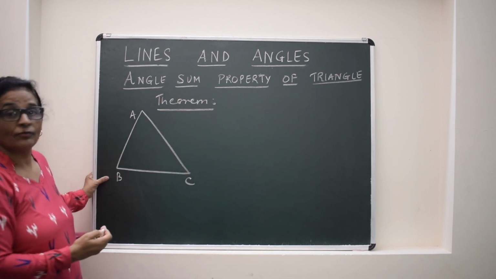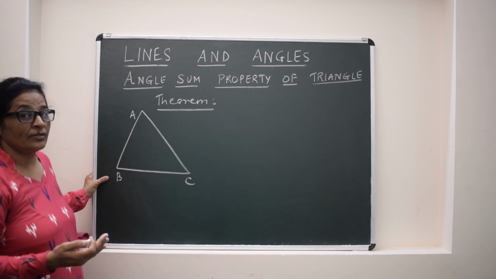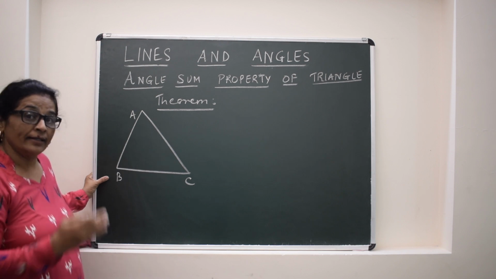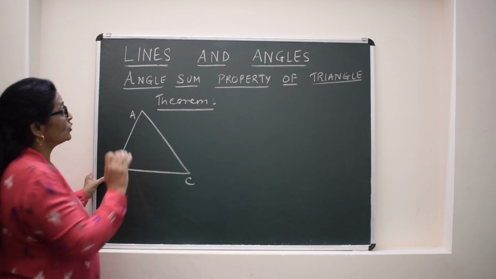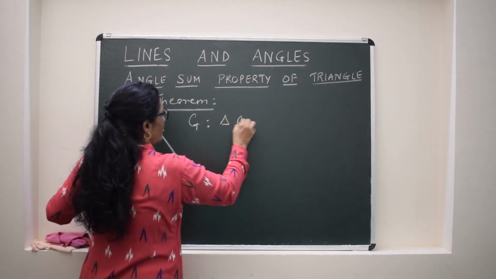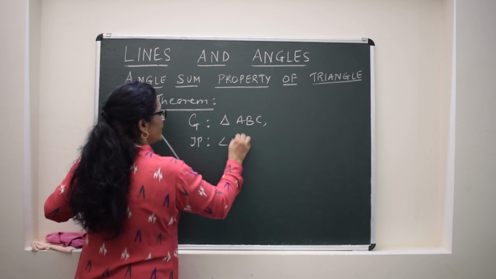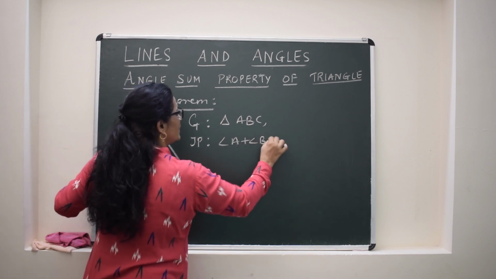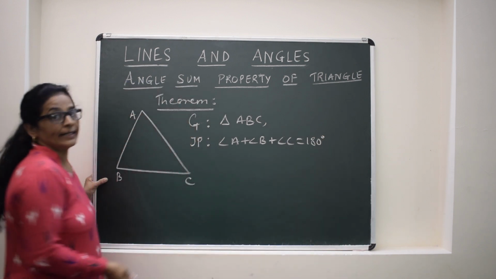So here the statement of theorem is, in a triangle, the sum of three interior angles is equal to 180 degrees. This is called the angle sum property of a triangle. So that is given a triangle ABC, and we have to prove angle A plus angle B plus angle C is equal to 180 degrees.